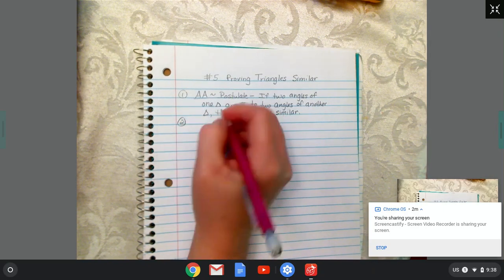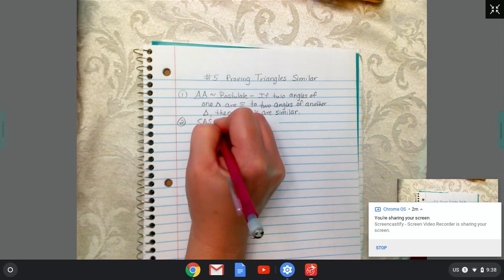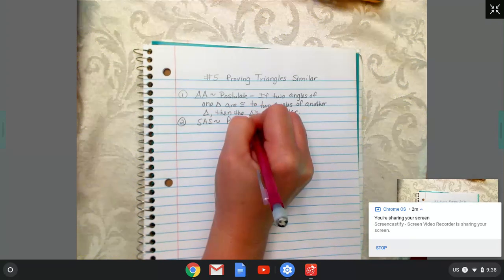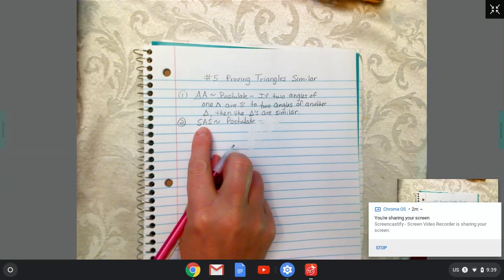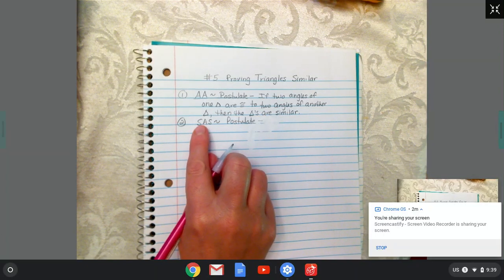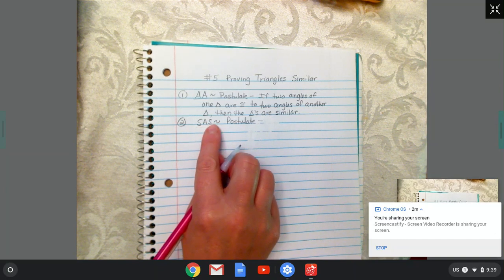The second shortcut is side, angle, side similarity postulate. Once again, the angle is included between the two sides, so it has to come in that order: the side, the angle, then the other side.